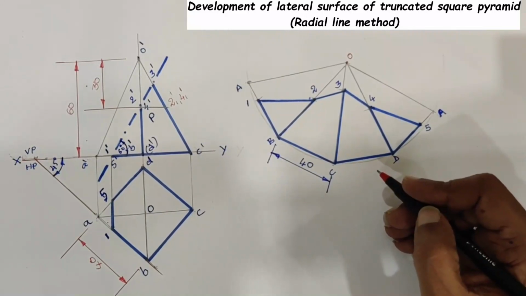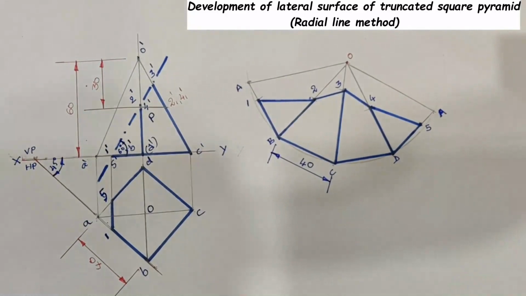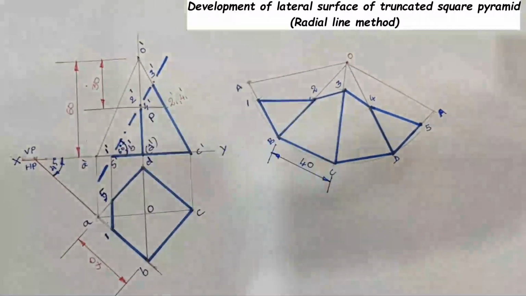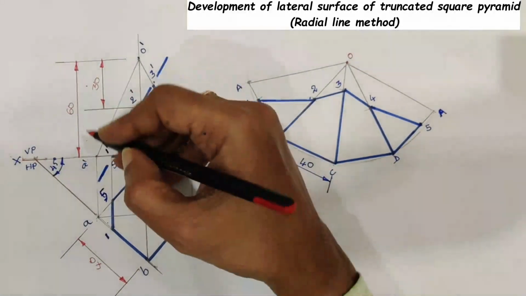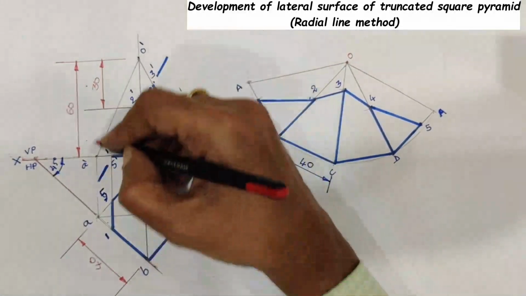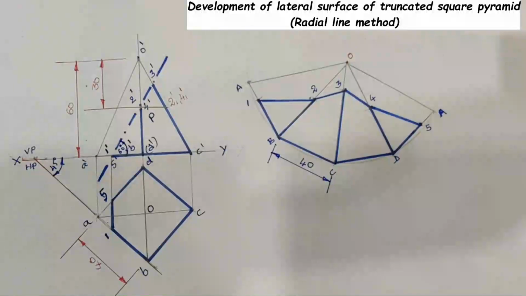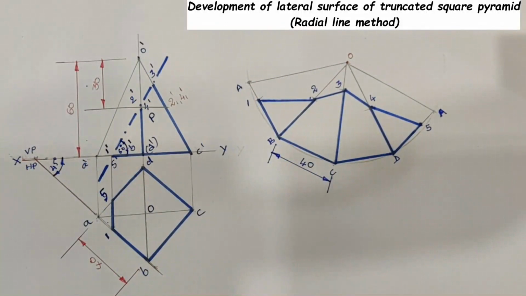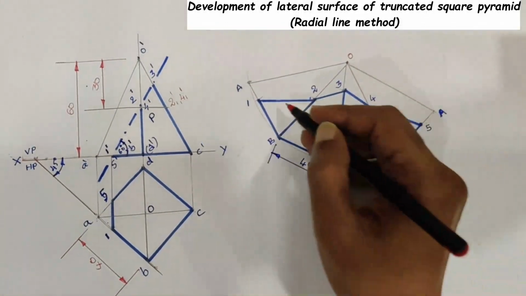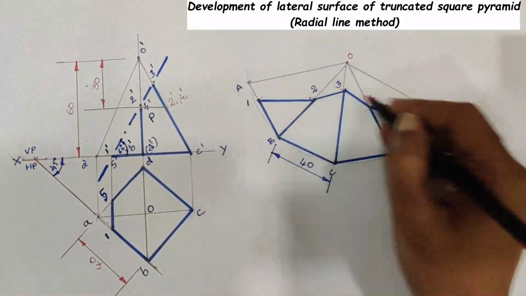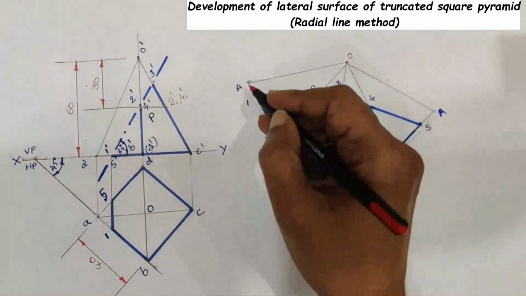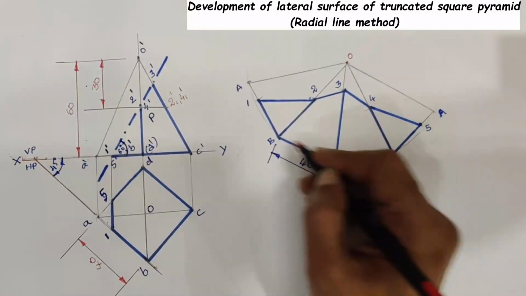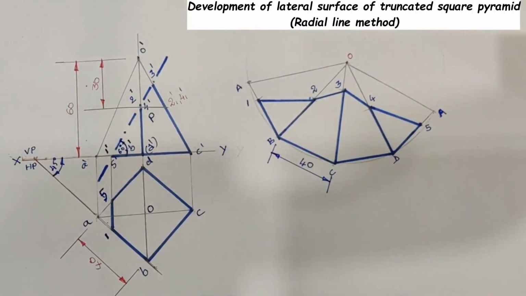Now we'll see the pencil usage details. The portion which is highlighted here with blue color lines is with H pencil, whereas the remaining lines are with 3H pencil. The dimensioning is with 2H pencil, and in the case of development, the blue color thick lines are with H pencil, and these pencil marks are with 3H pencil, and this dimensioning is with 2H pencil.